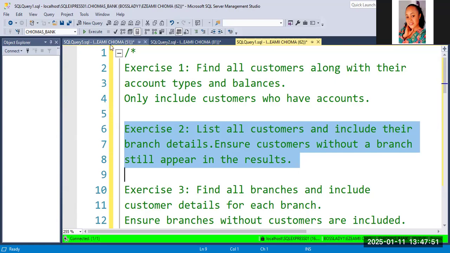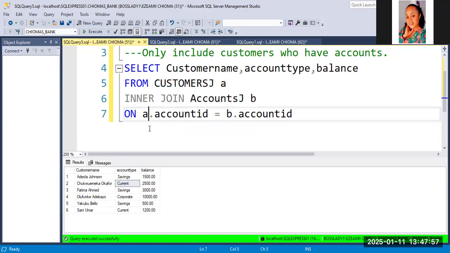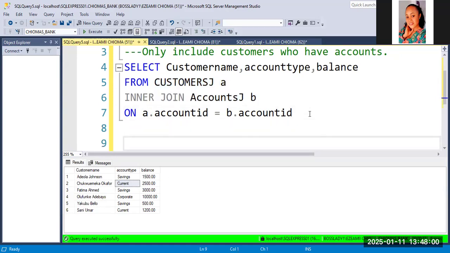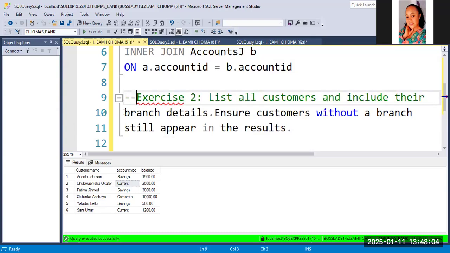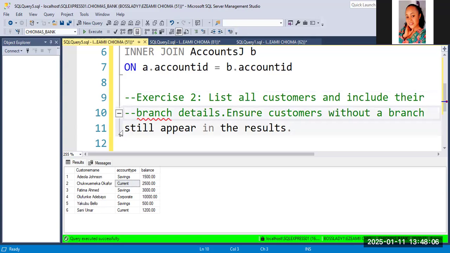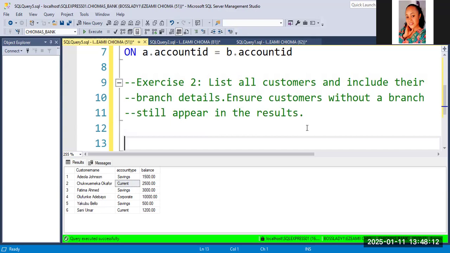Okay. So let's proceed to solve the question. Let's comment it out. Because we are not told to select anything specific, we just list all our customers and their branch details.